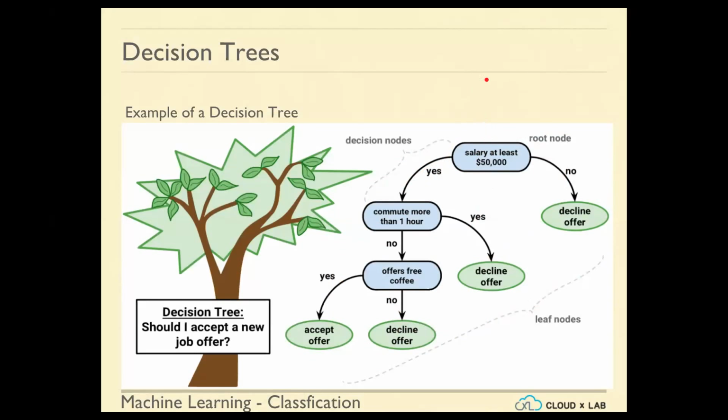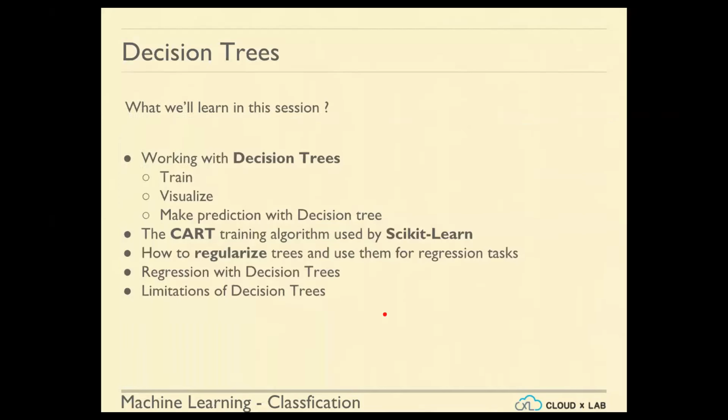How would it happen? We'll first check whether the salary is this much. Yes, then we'll go here. The commute is half an hour, that means no. And then the last make or break will be the coffee. So this is the decision tree. How many features are there? Salary is one feature, commute is another, and coffee is another. So there are essentially three features on which we have built this.